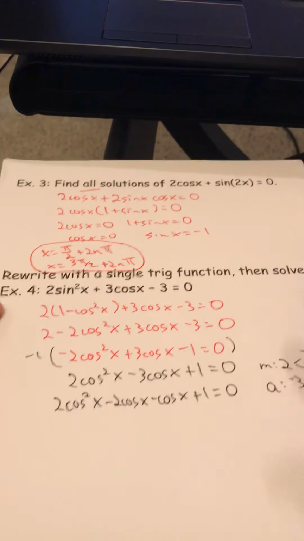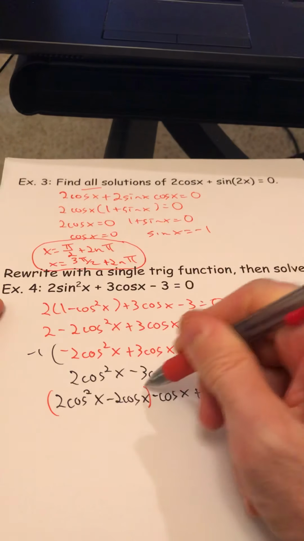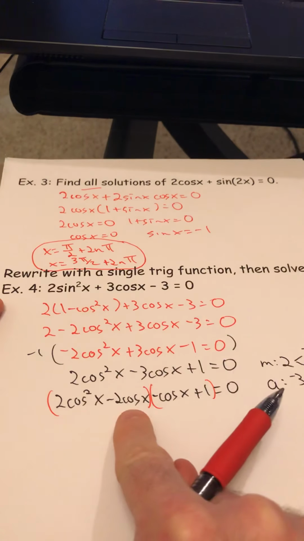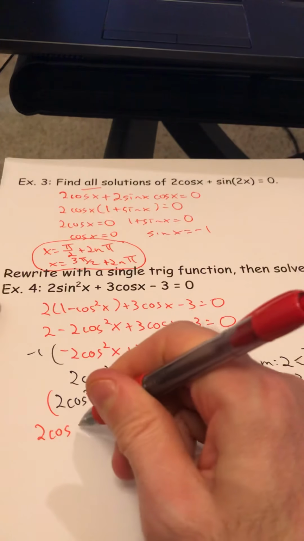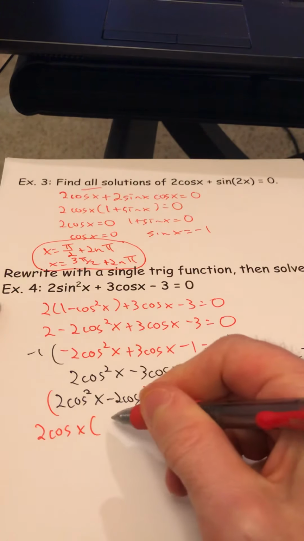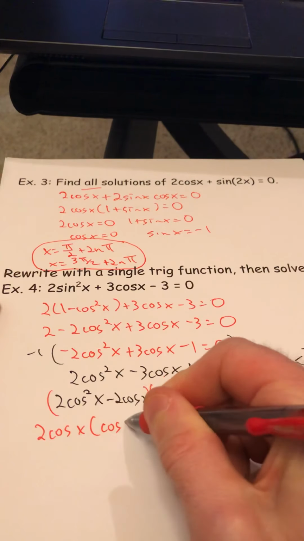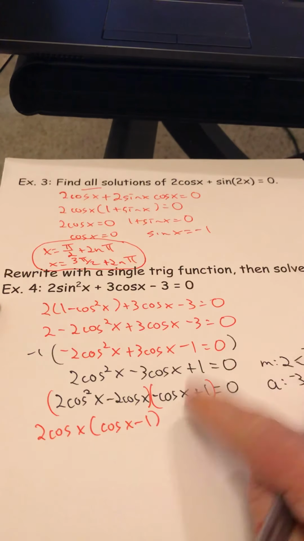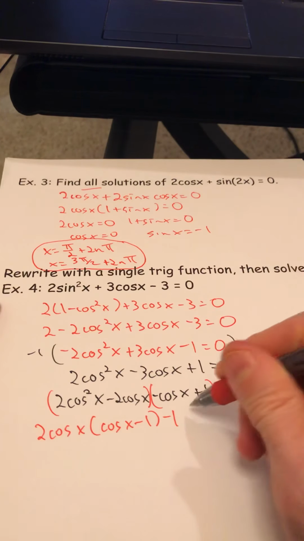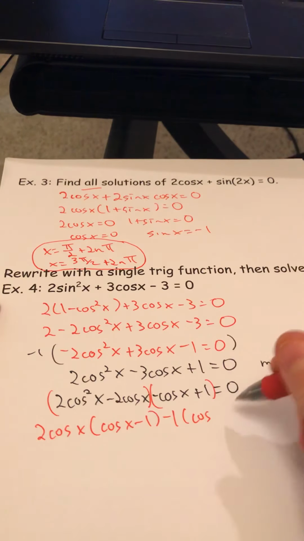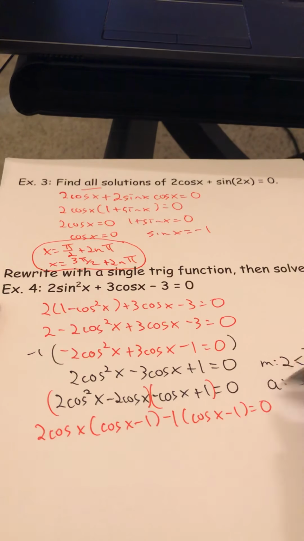Now, we are going to, again, factor by grouping. Out of 2 cosine squared minus 2 cosine, my GCF there is 2 cosine x, leaving cosine x minus 1. Out of these two, I can factor out a negative 1, leaving again cosine x minus 1.